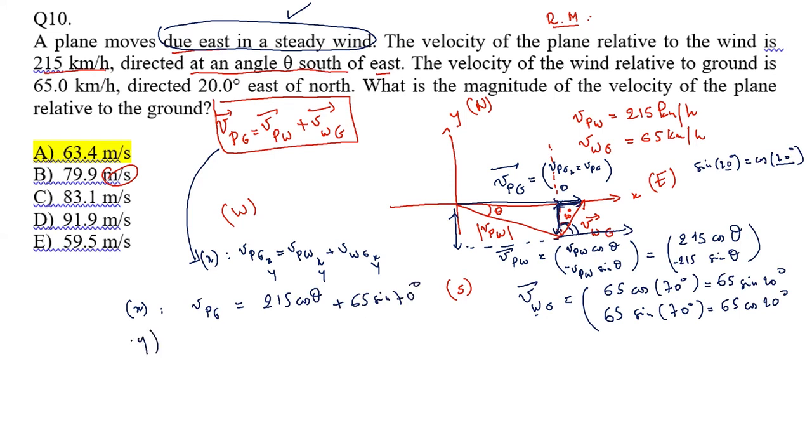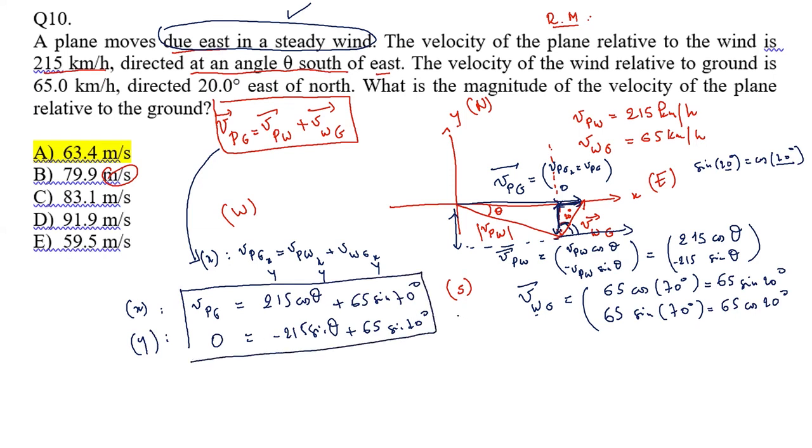Now along y, I will have VPG along y, which is 0, is equal to VPW along y, which is minus 215 sine theta, plus VWG along y, which is just 65 sine 70 degree.